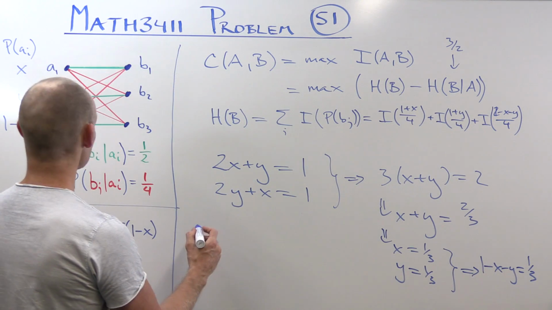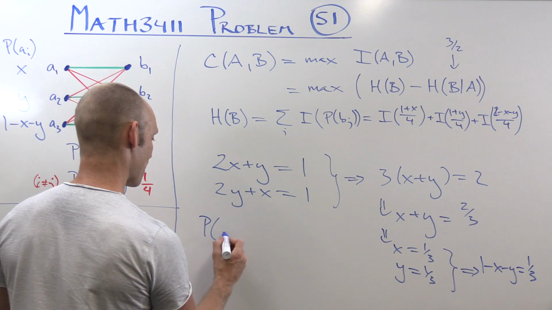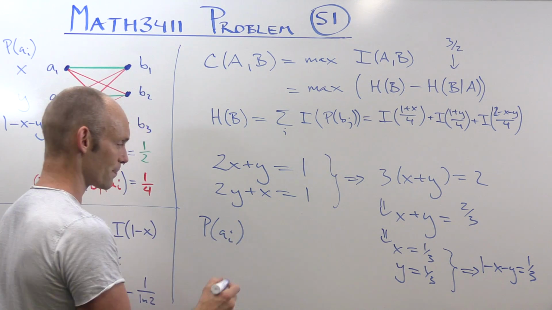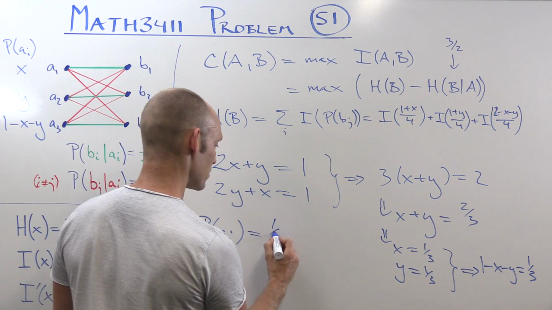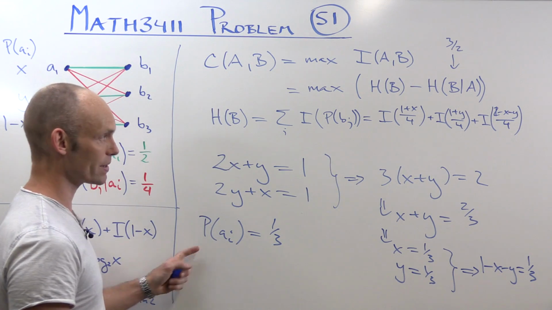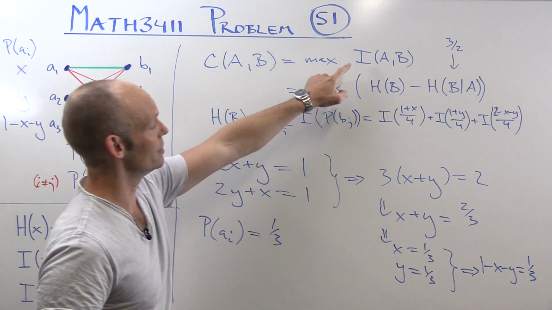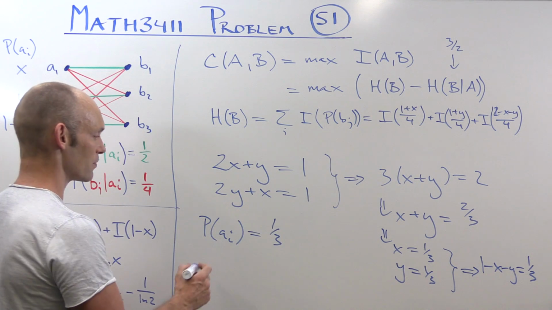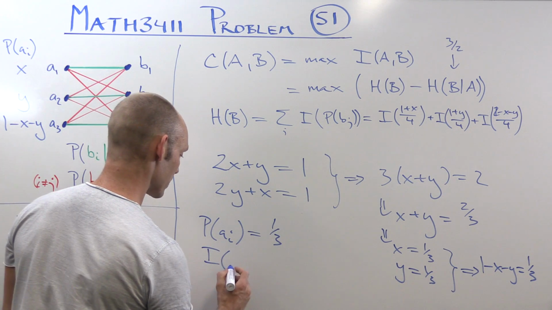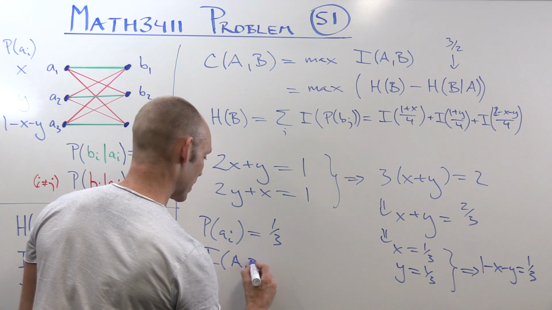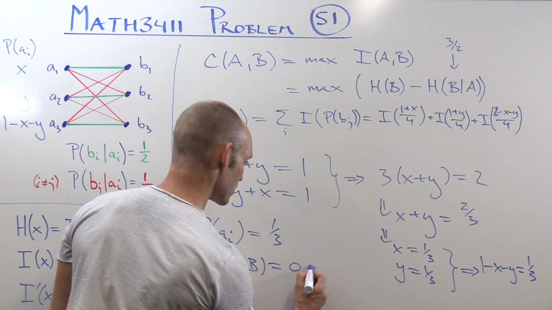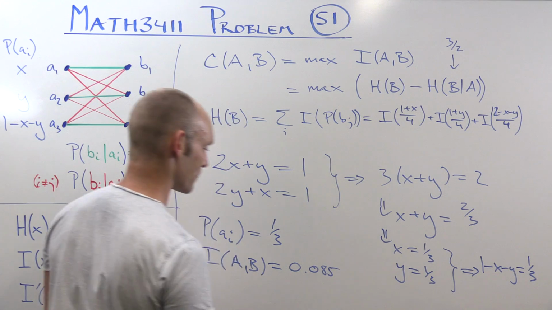So, in fact, all of the probabilities of A are equal to 1/3. And we calculated what the mutual information was in that case. That was, in fact, in part A, where we had these probabilities, and it was equal to 0.085.